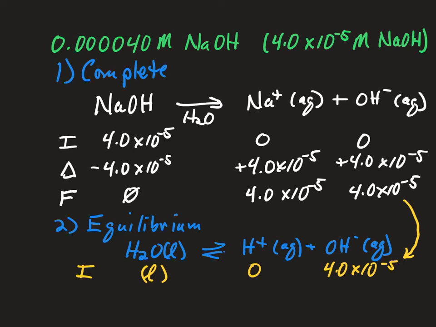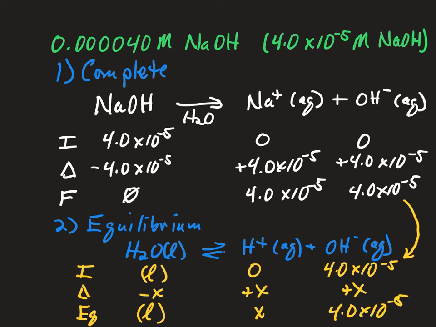So our change is going to be minus x, plus x, plus x, and when we reach equilibrium, we'll still have liquid water, but we'll have x of this, and 4.0 times 10 to the minus 5 plus x of this. I think we figured out in the last one that that x is going to be really small, so we don't really need to pay attention to it there, and so we can solve for x the other way.